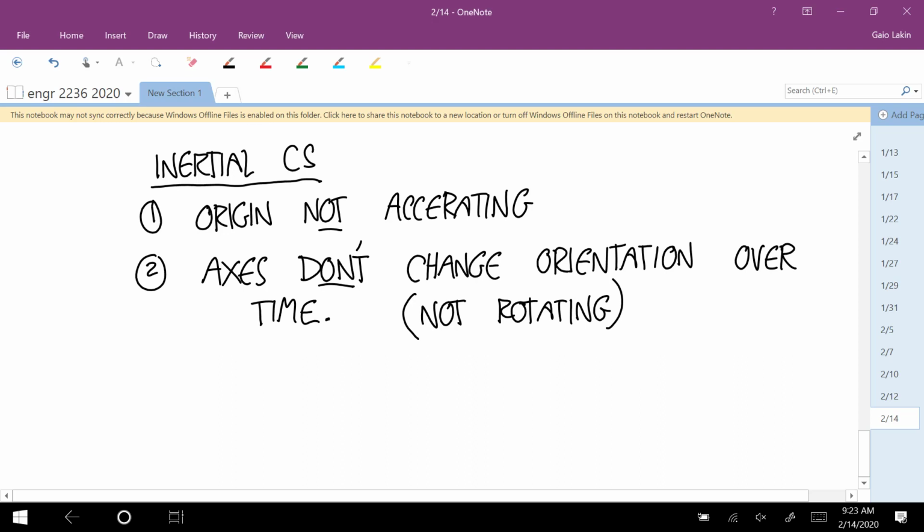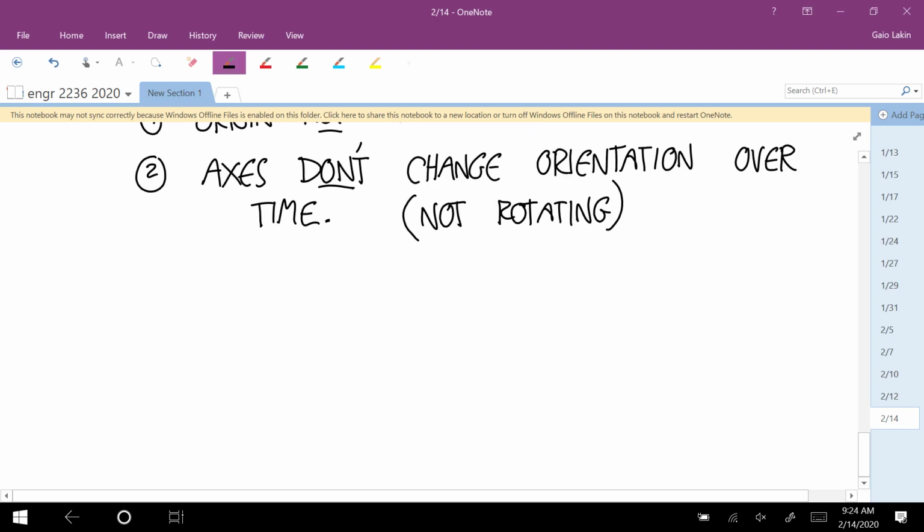So if the origin is accelerating, or if the coordinate system is rotating in time, then you can't use accelerations measured in that coordinate system in Newton's second law. Let me show you an example of how this works.